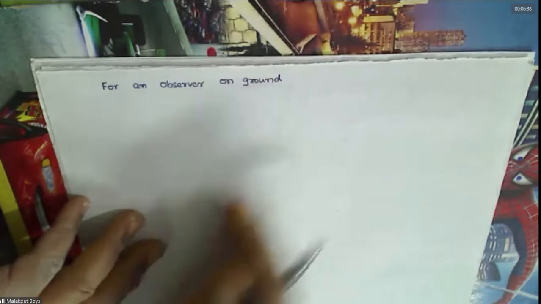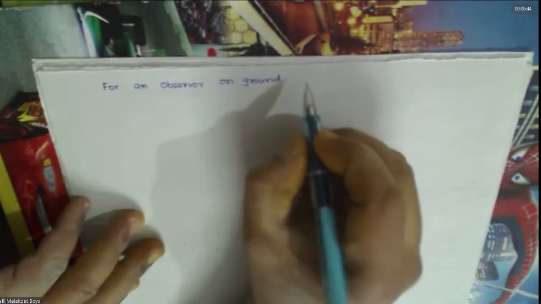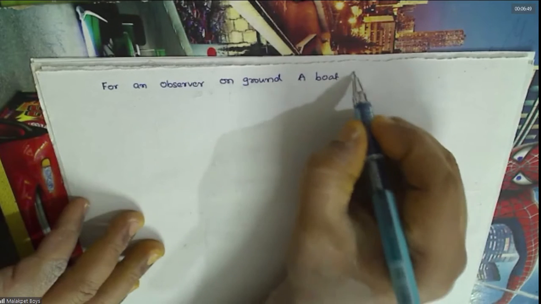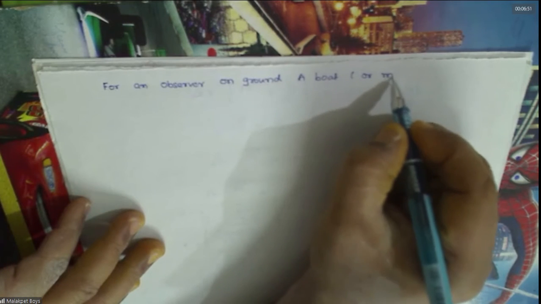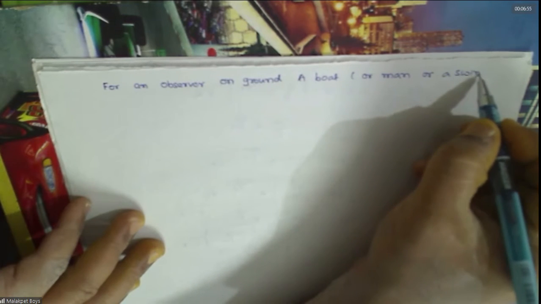For an observer on the ground, what do you learn? A boat, or man, or something, or a swimmer, anything. He may say anything.